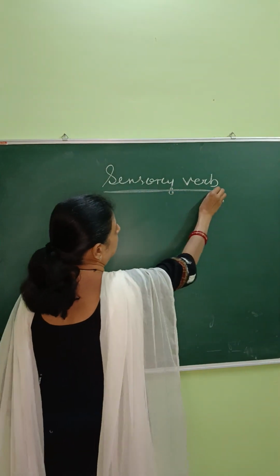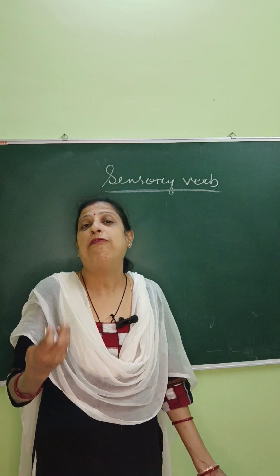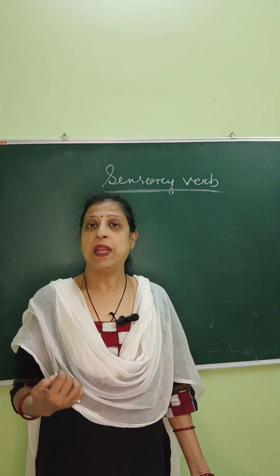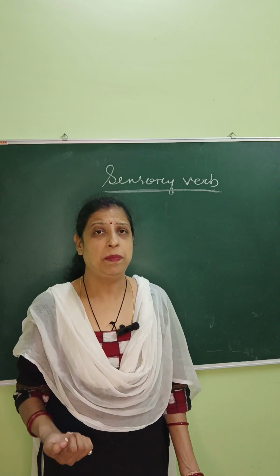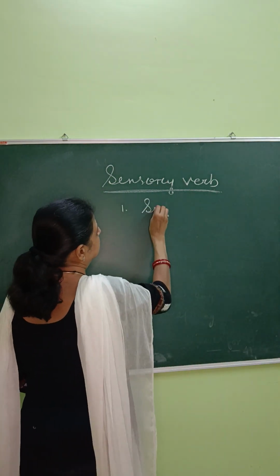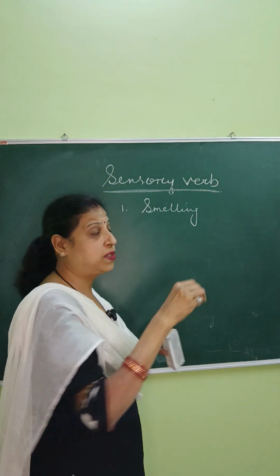So sensory verbs are those verbs which we can just feel. For example, smelling is also a verb. Number one is smelling, and it is done only through the nose.